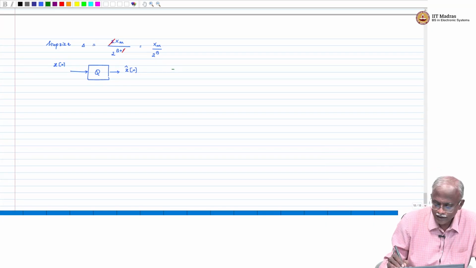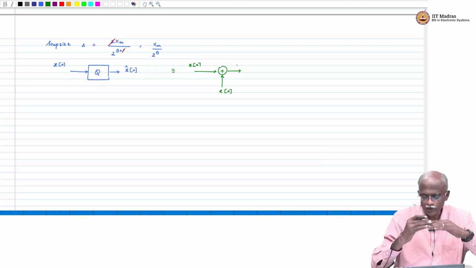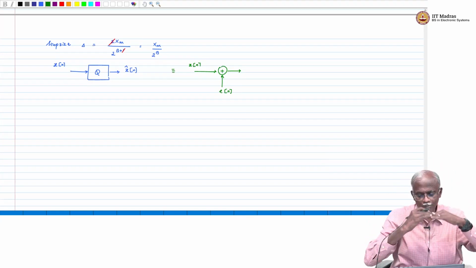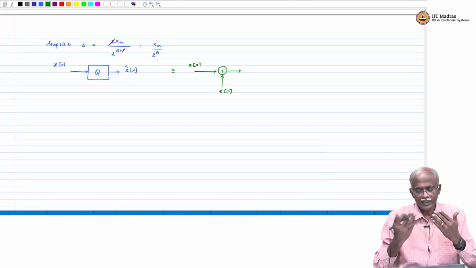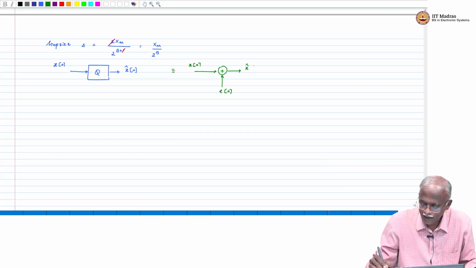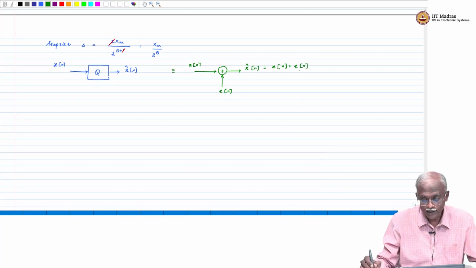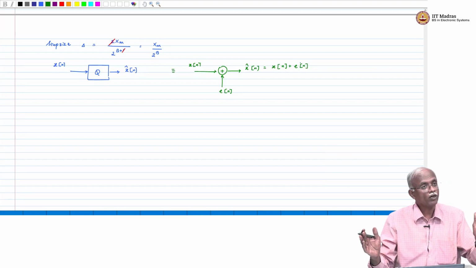We are going to say that this is equivalent to the input x of n and an error term, which is the effect of the quantizer, to make it either go to the lower level or to the higher level. So, E of n can be positive or negative, because depending upon how the quantization is happening. And this is going to be x hat of n, which is given not as a quantizer, but as the input signal plus a random error signal. Okay. Now, what is the range of values of E of n?